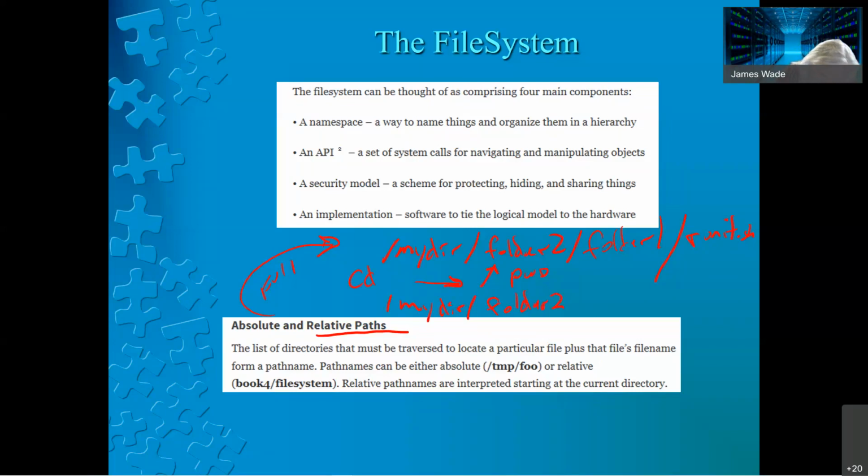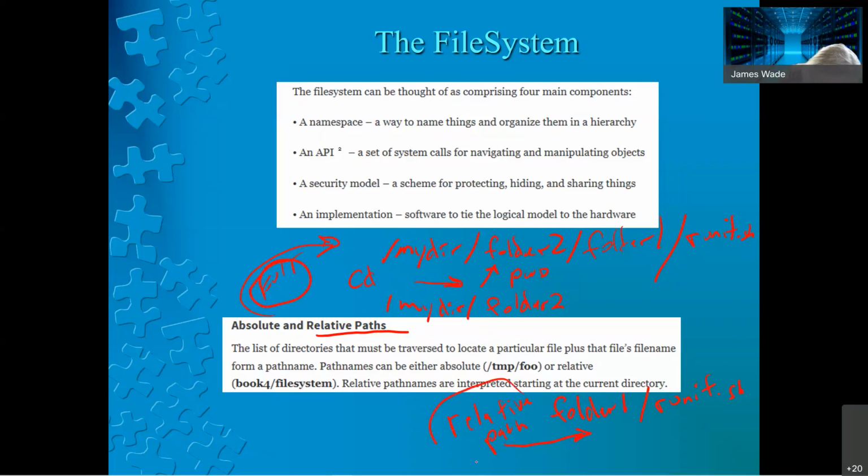But here's the key. If I want to run something there, I would run folder 1 slash run it.sh. This is the relative path to where I am at. This is the full path.